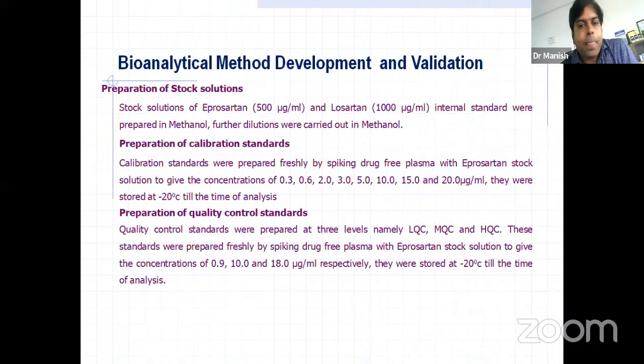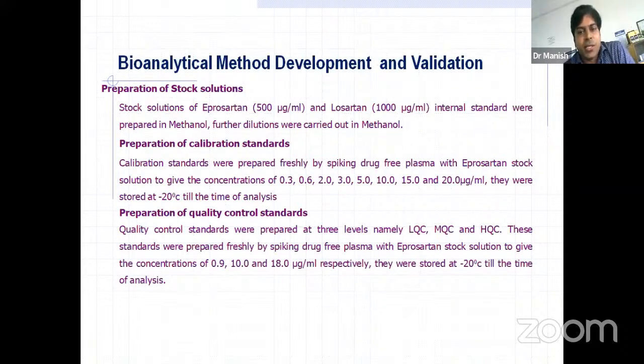One important thing is that whenever you are performing bioanalytical methods, we need to use an internal standard. Unlike regular analytical methods, where there is no requirement of internal standard, in bioanalytical methods we are going to use an internal standard.